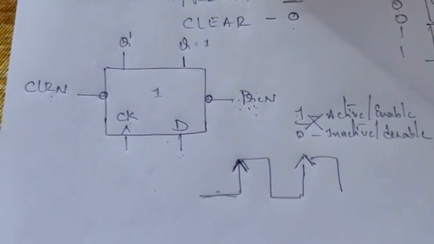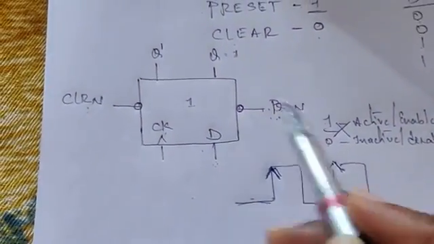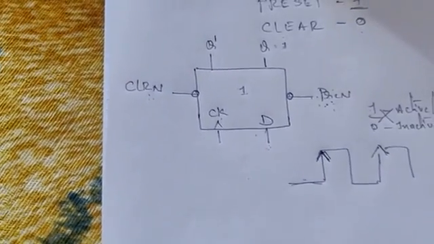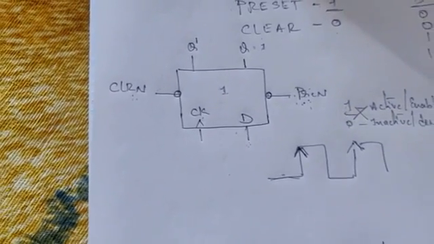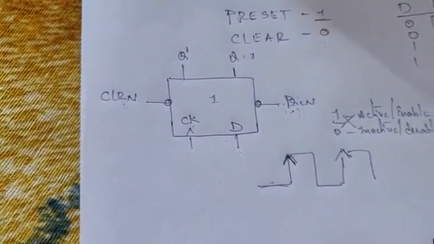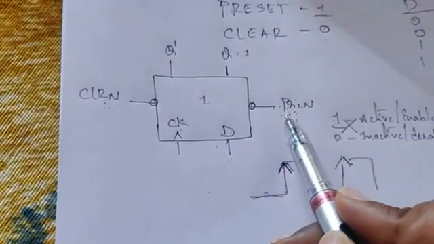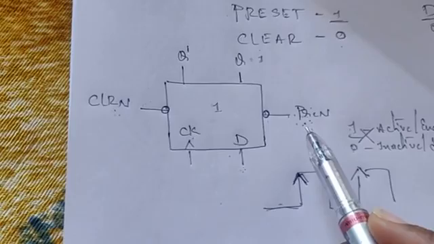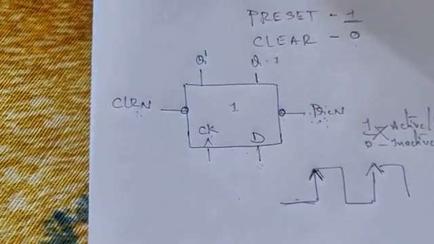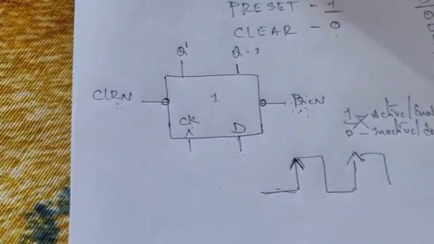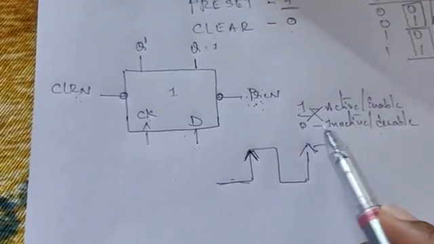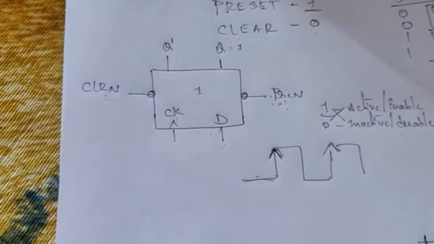But when you add a bubble, it reverses the thing. So now 0 is enable with respect to clear or preset, 1 is disable. From now onwards, you need to think: whenever there is 1, it's inactive; whenever it is 0, it is active. Don't get confused. If there was no bubble, you could have thought 1 is active and 0 is inactive. Because of these two bubbles, you need to read it now like 1 is inactive, 0 is active.